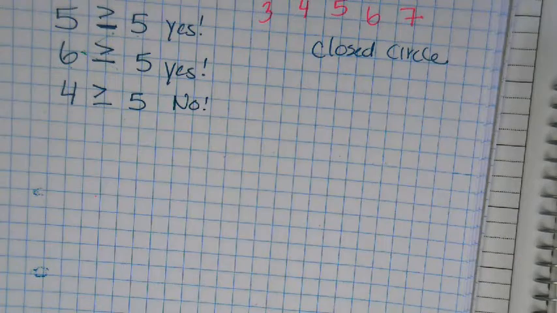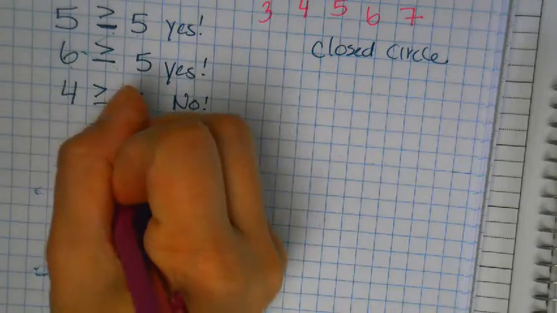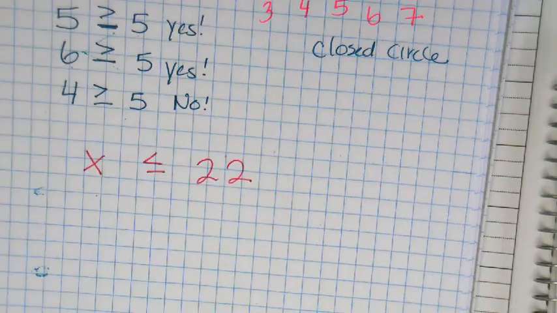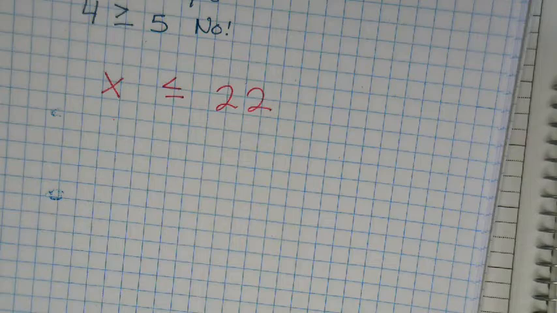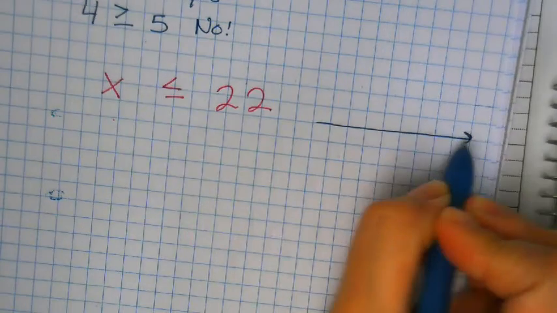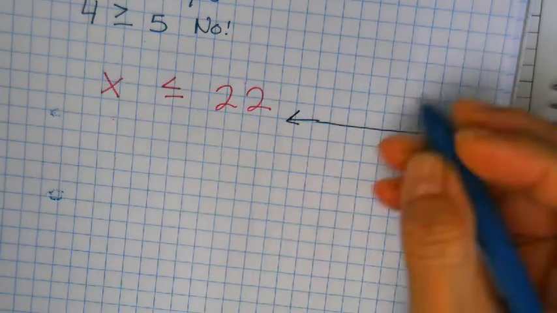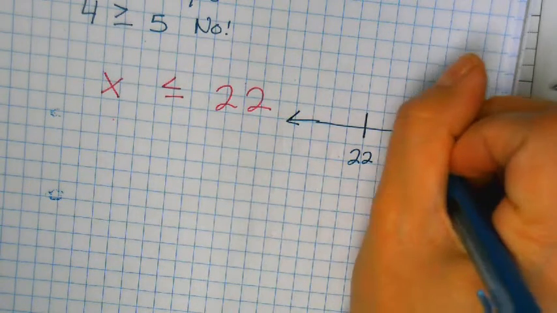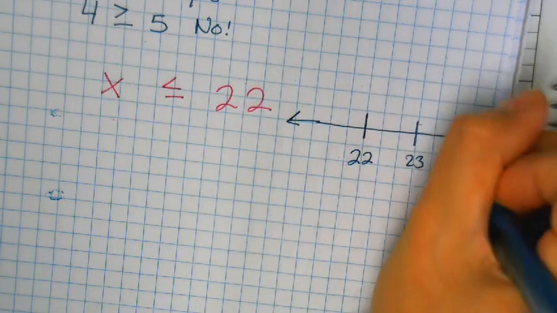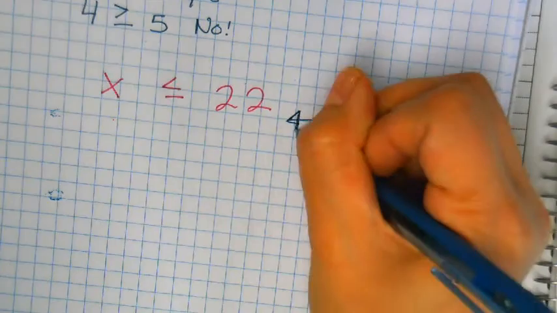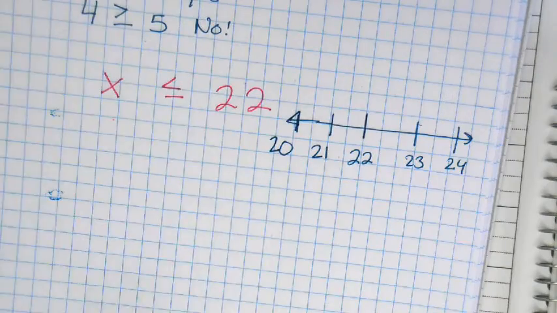All right, what if I give you x is less than or equal to 22? First thing you have to do is draw a number line. Which number is in the middle? 22, 23, 24, 21, 20.